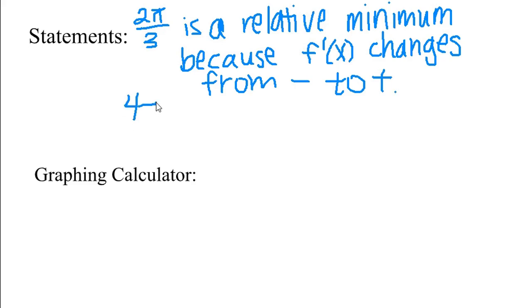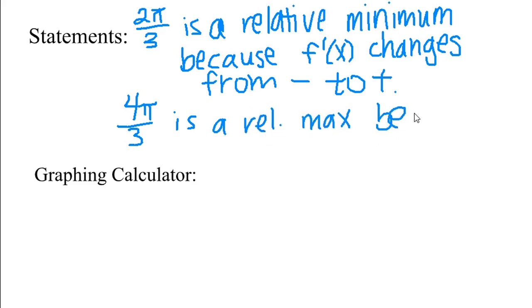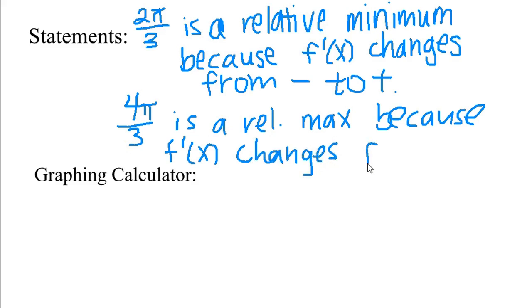And then my other statement is that 4 pi over 3 is a relative max. And so this statement's basically going to be flipped, because f prime of x changes from positive to negative.